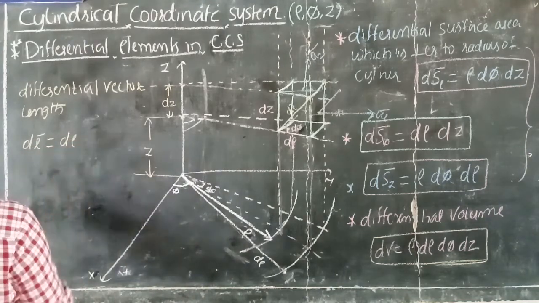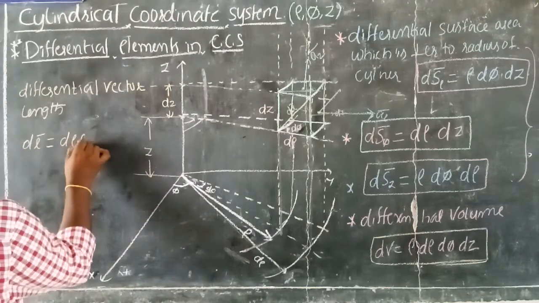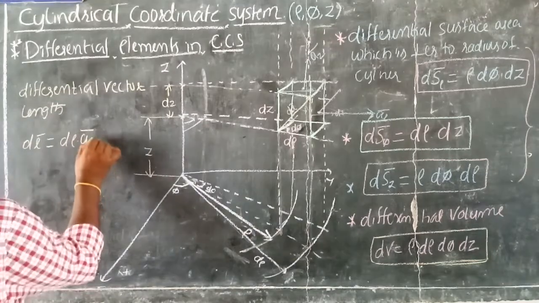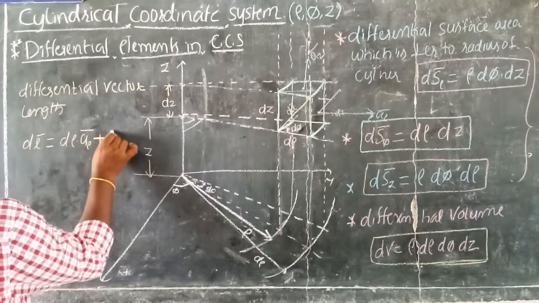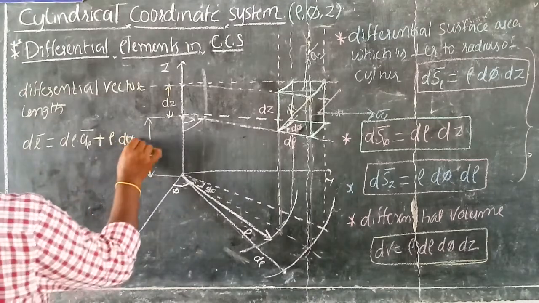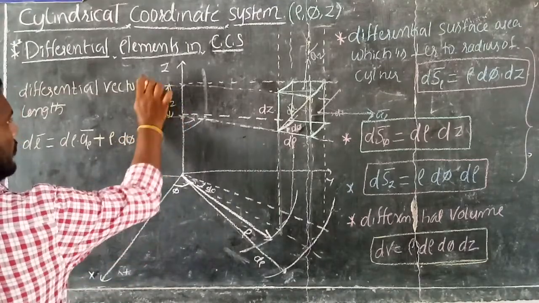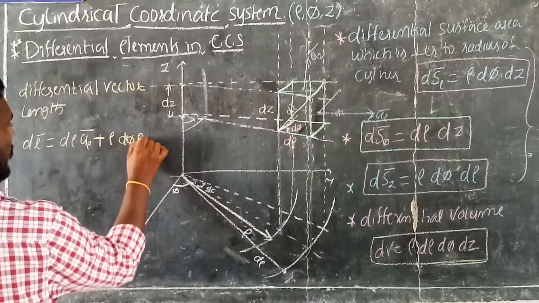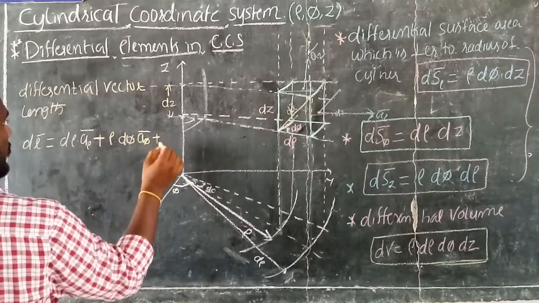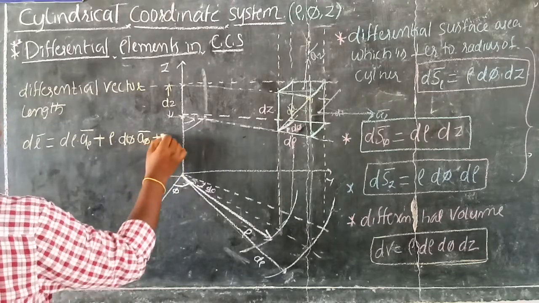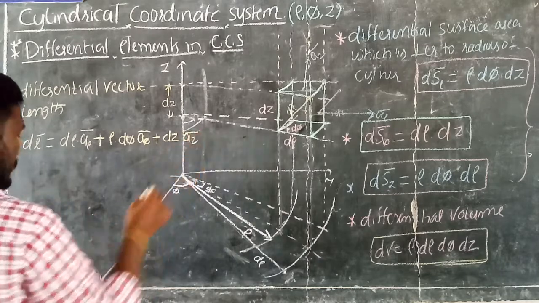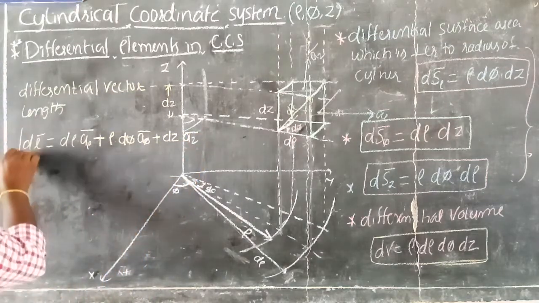This is d rho into a rho bar here, plus rho into d phi into a phi bar, plus one more axis, that is dz into az bar. This is a very important formula.